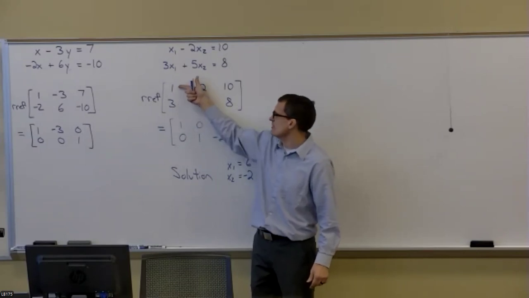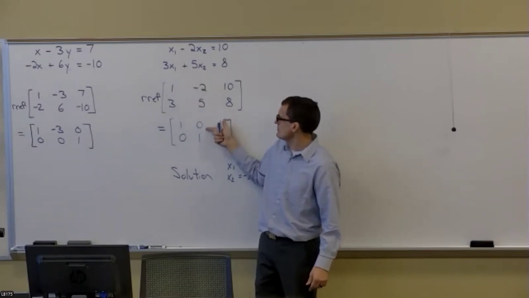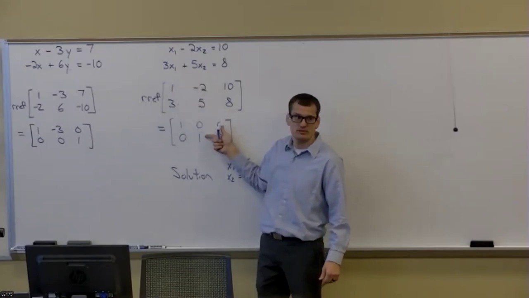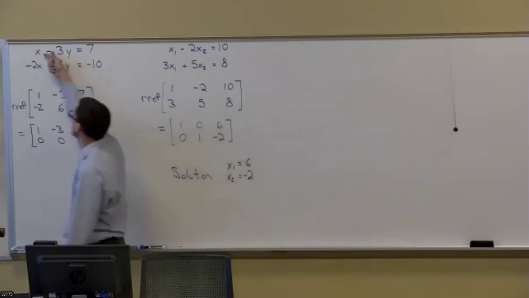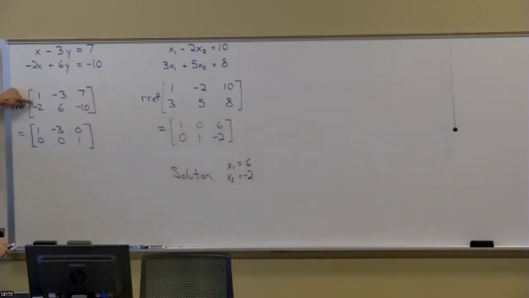Well, remember, the coefficients of x1 are in the first column, and the coefficients of x2 are in the second column. In this case, the coefficients of x were in the first column, the coefficients of y were in the second column, and the constants were in the third, with our equal sign always right there.